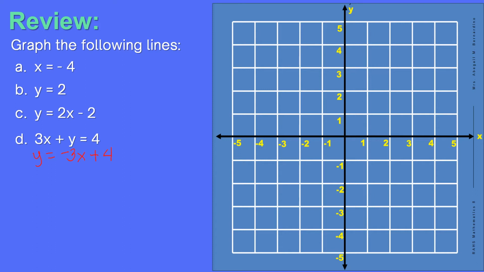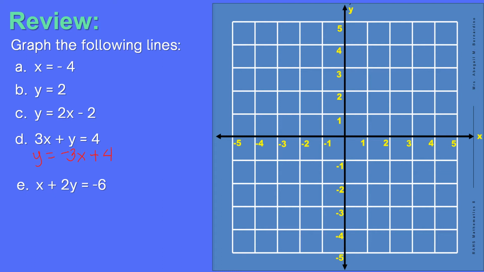We have 4 as our y-intercept. So, we're going to plot at y. Then, we're going to go down 3 and 1 to the right. So, here is the point. Then, connect the points.